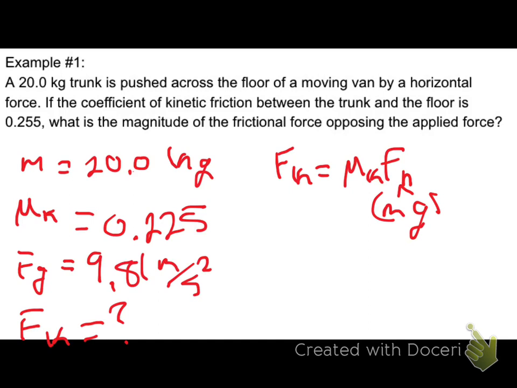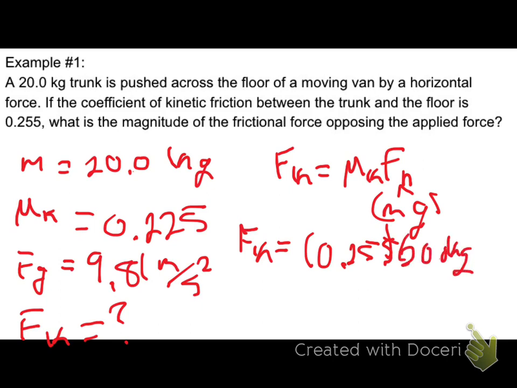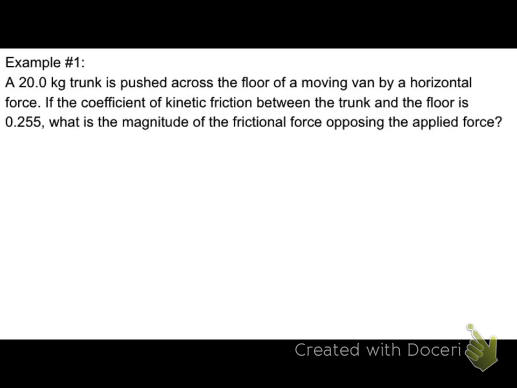So we can then use the stuff we know. What we should wind up with is we can solve for the force of kinetic friction if we take 0.225 times 20 kilograms. I have a very hard time writing on this iPad. Hang on, I'm just gonna wipe this for a sec, and then I will write it out a little bit bigger.